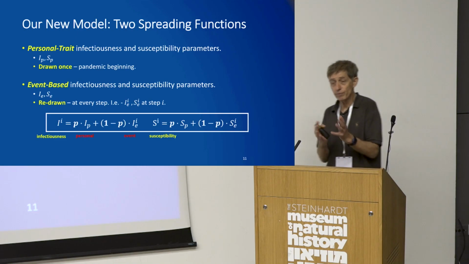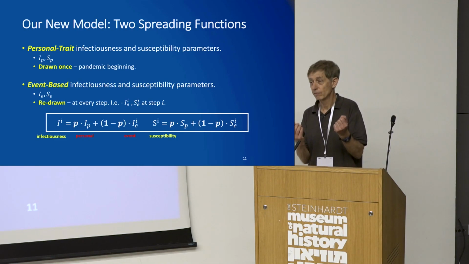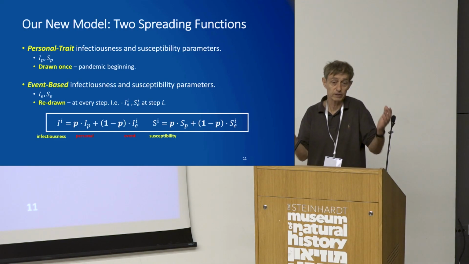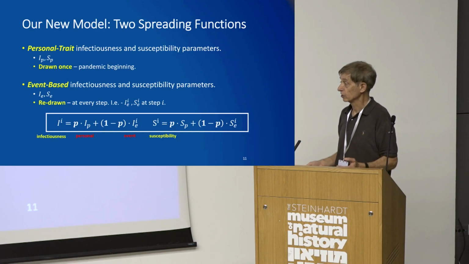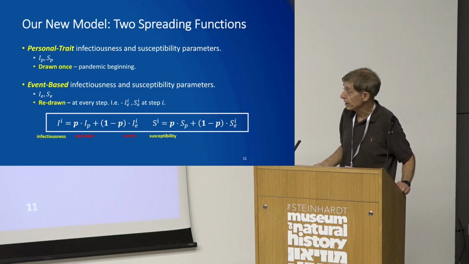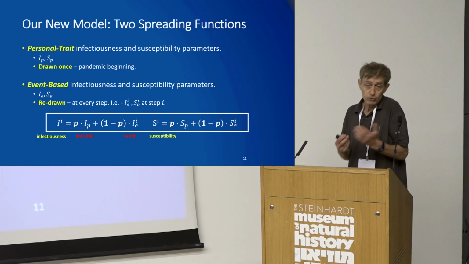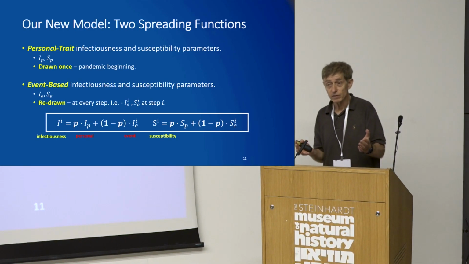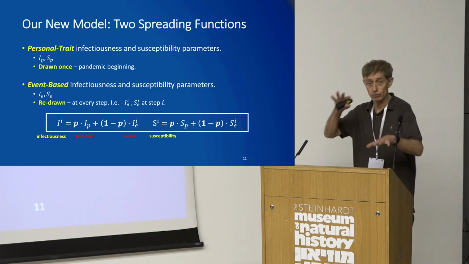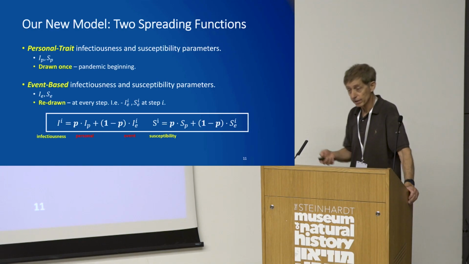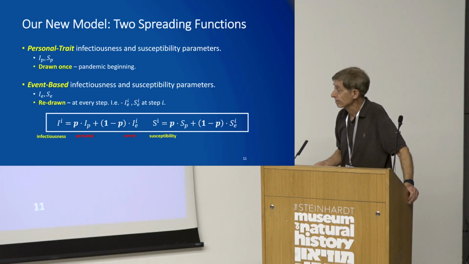And in fact, P could be a social factor, because some societies have a lot of weddings or a lot of events, and then they will have a small P. And some societies have fewer events, and the P will be larger. So it's a social thing, the mixture between personal and event spreading.